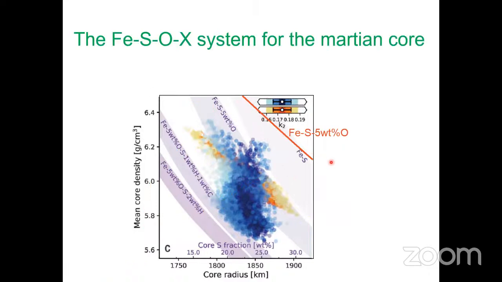This produces a much denser profile, because our iron-sulfur equation of state produces a much denser result than the model used in this paper to produce this band. So probably we are complicating the situation, because definitely we need to put in additional light elements such as hydrogen or carbon. But this is the way we study the deep planetary interior. And thank you very much. That's everything.